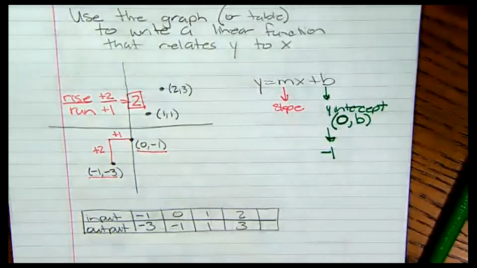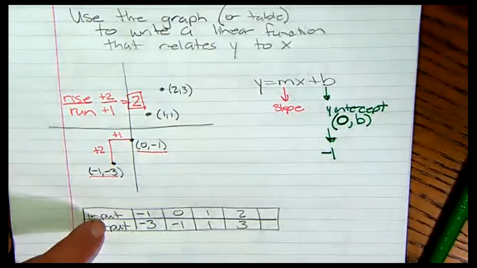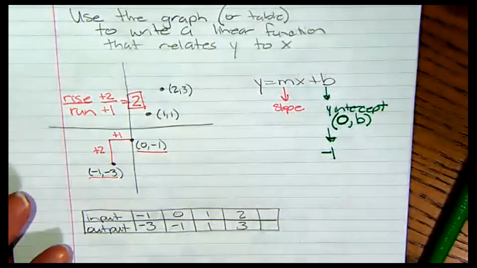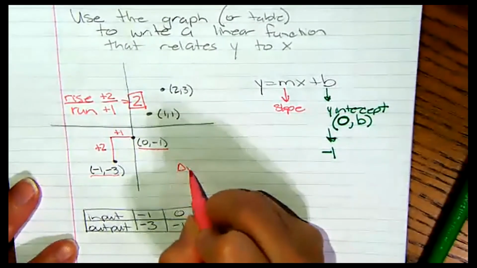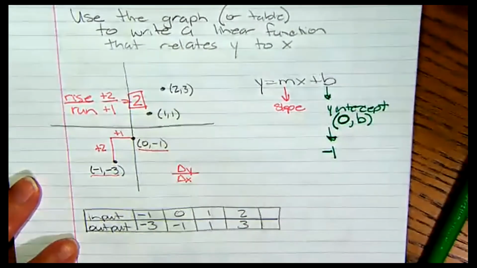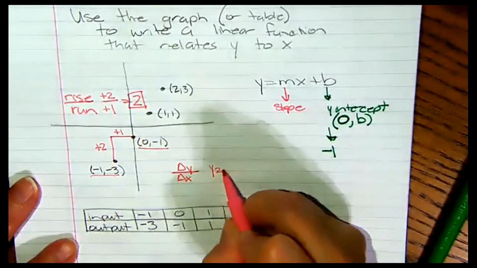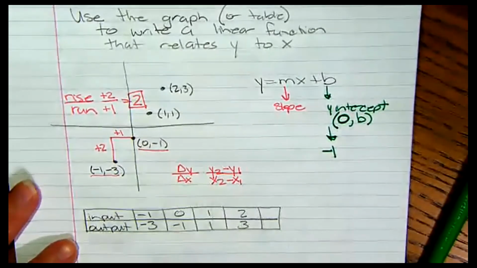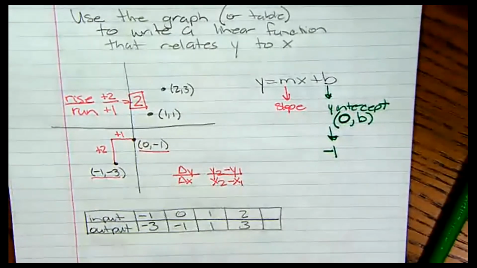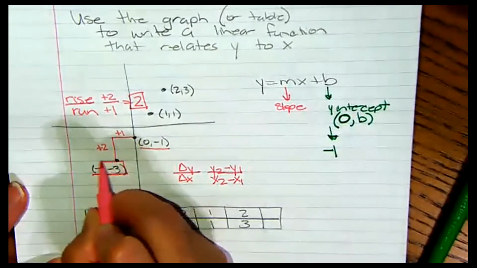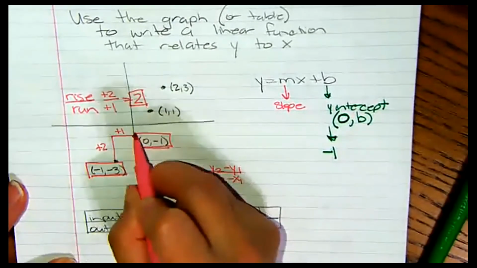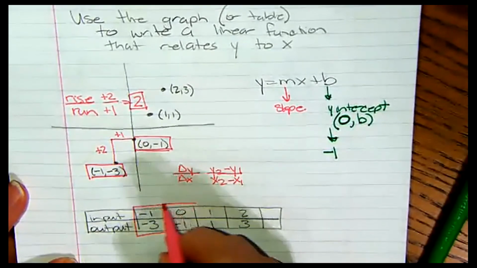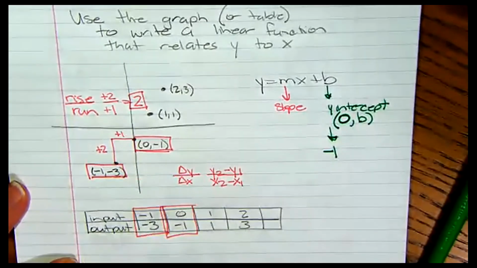Now, sometimes if they give us a table, it's not graphed out, so we can't do rise over run. We do have to use the change in y over the change in x, y2 minus y1 over x2 minus x1, and we need to pick 2 points. So I'm going to pick this point and this point on my table.